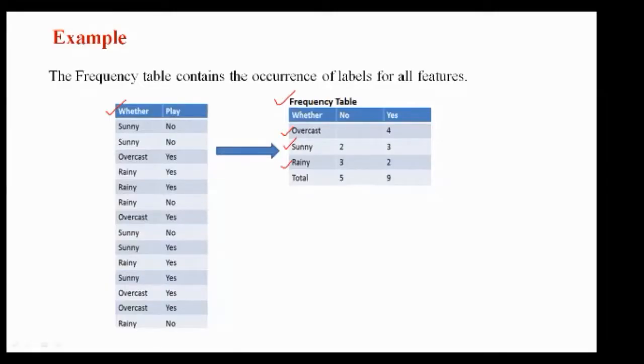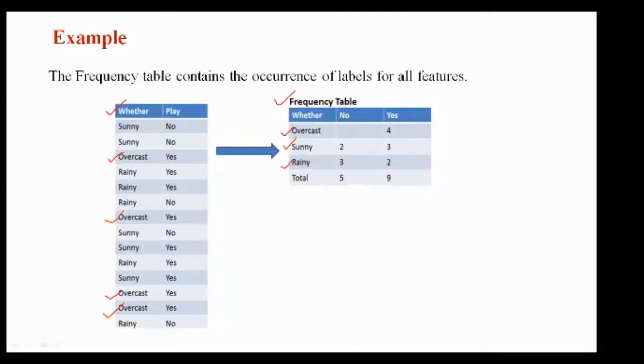It can be no, or it can be yes. So check for overcast. When the weather is overcast, the condition is yes. Again here, when the weather is overcast, the condition is yes. So four conditions are there related to overcast and all are yes.